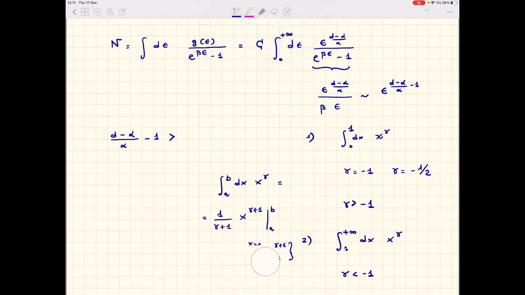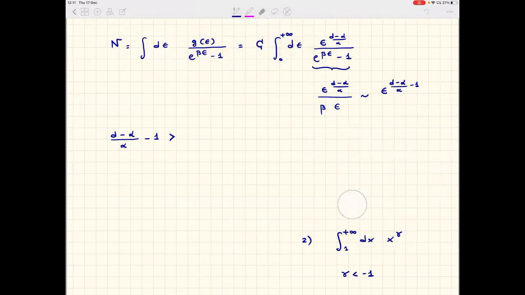These are things of elementary analysis that you're supposed to know. Okay? If you want to be a theoretical physicist, these are basic facts of life. Okay? Anyway, so this should be greater than what?